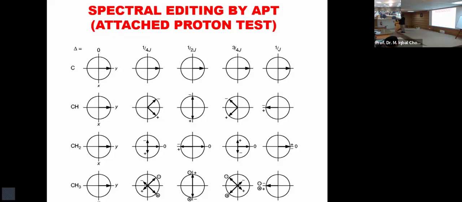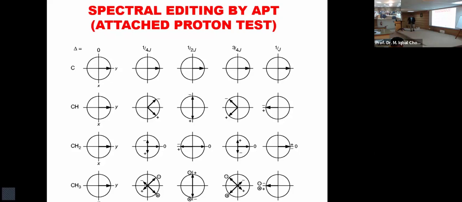People said, why don't we try to distinguish them by some kind of phase difference? A new experiment was developed, called the attached proton test, also called APT.